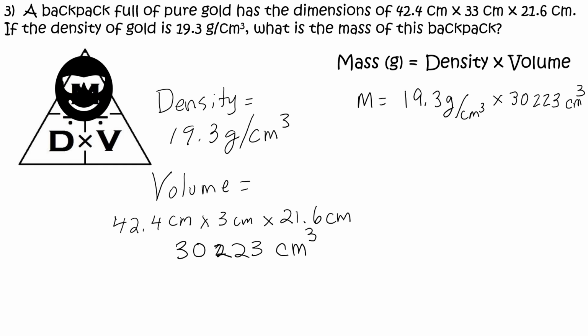Now what actually happens is the centimeters cubed cancel out. But our interest is in the mass. Oh, this mass is huge. It is 583,298 grams. Now that is a lot. All right, so there's the mass in grams.